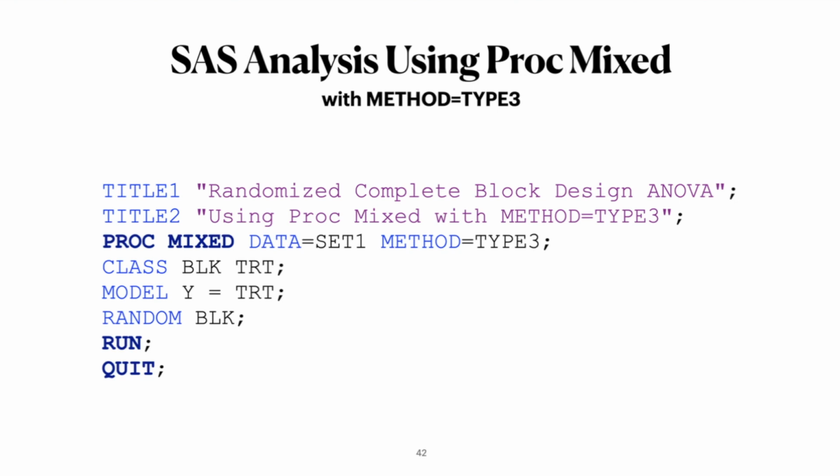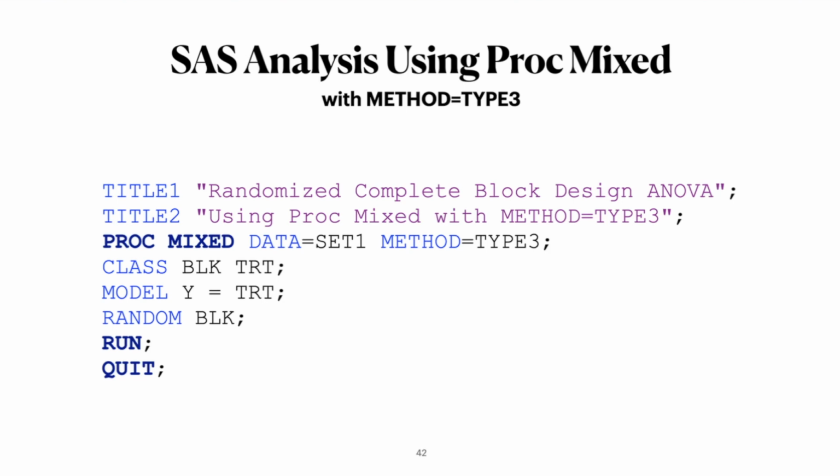Now when we're fitting a randomized complete block model, we cannot do that with proc GLM. Proc GLM does not have the ability to correctly analyze data or a model that has random effects. It has a random statement, but it's not used for what you would think it would be used for. So don't be confused by that. I think a lot of people have been tripped up by that in the past.